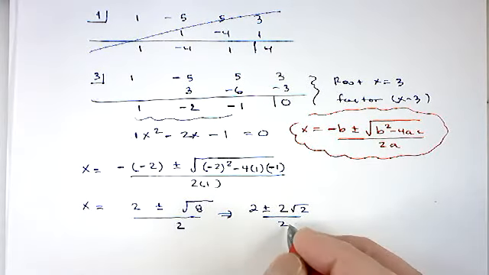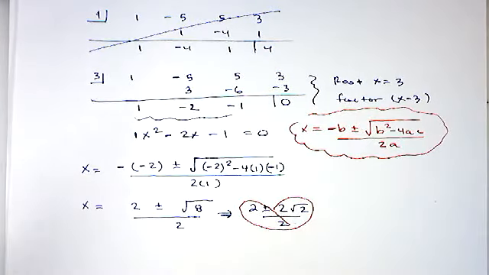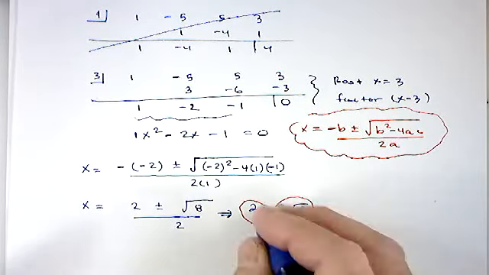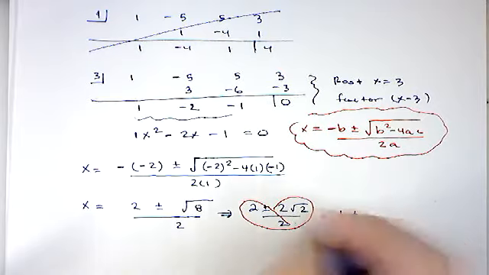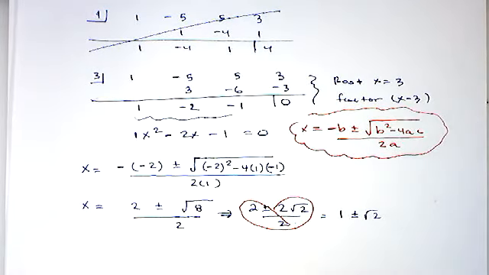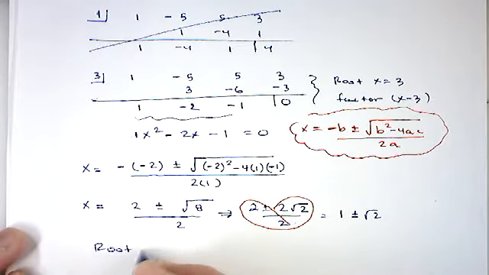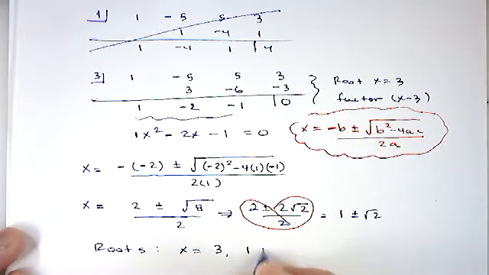And I can split this up. 2 over 2 is 1, plus or minus, cancel the 2's here, plus or minus root 2. Those are my other two roots. So to summarize here, I have roots of x equals 3, 1 plus root 2, 1 minus root 2.